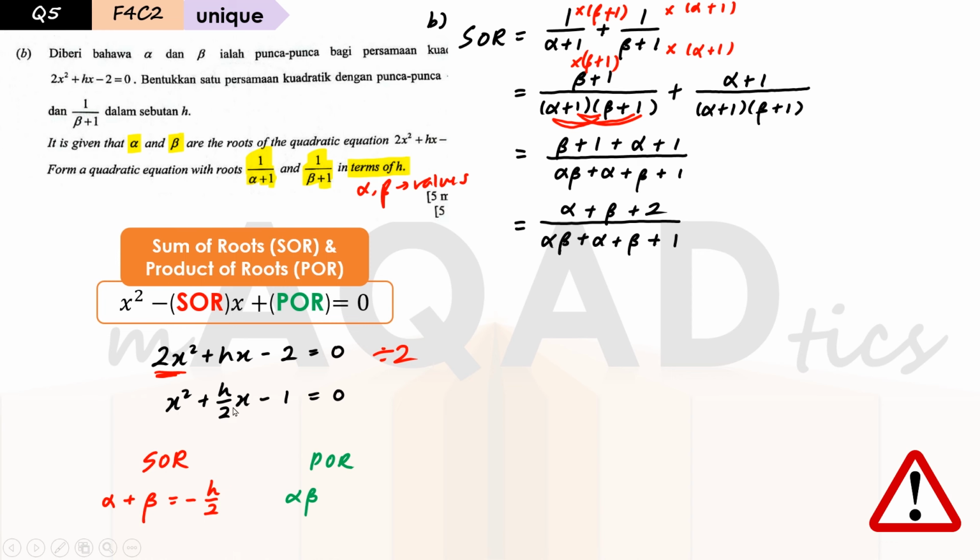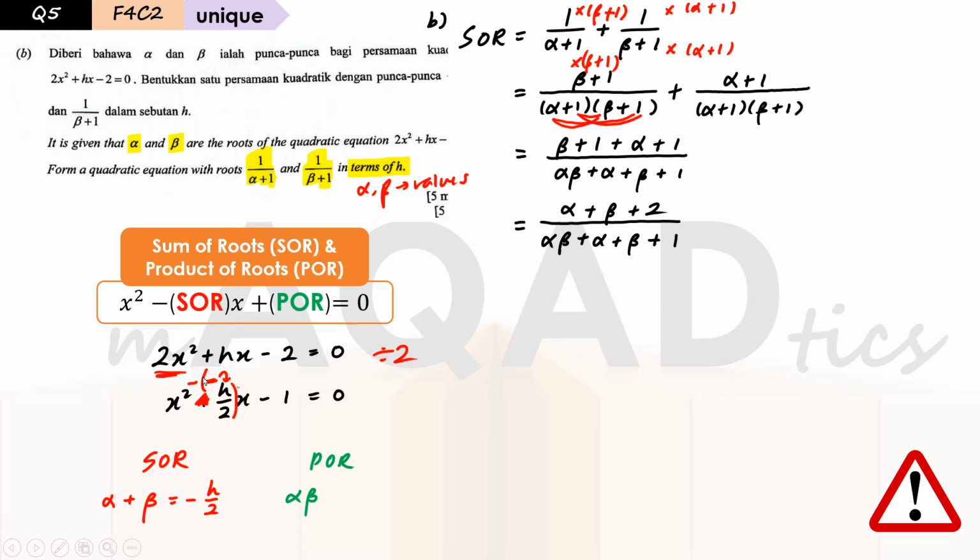If you look back at the equation here, in front it is negative, but here it is positive. So for the positive here, we need to split it out. Negative, negative, positive, right? So we are going to split this positive into two negatives. This negative, let us attach it to h over 2 here, and there would be a negative outside.